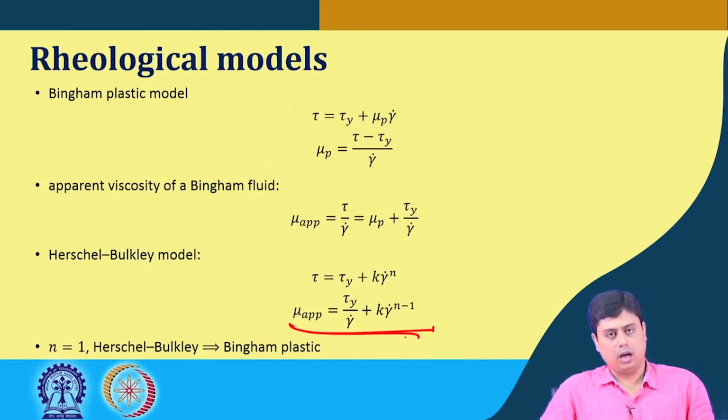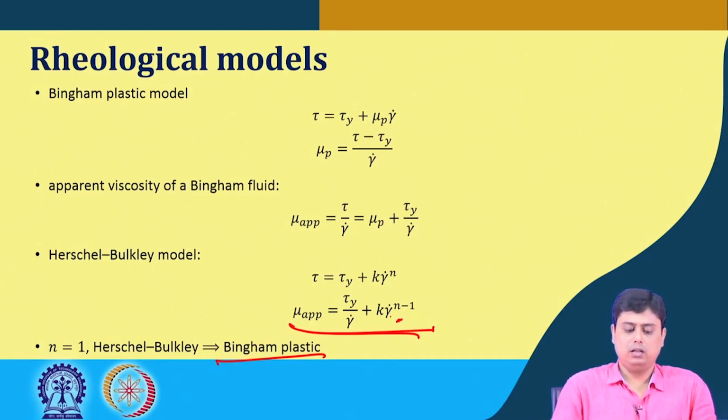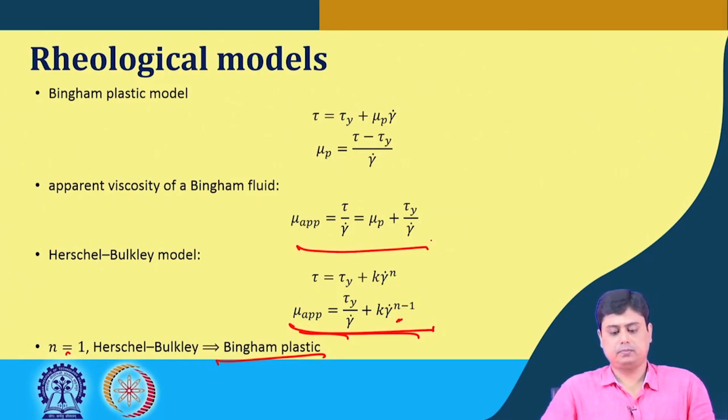Now the Herschel-Bulkley falls back to the Newtonian level with a shear rate, with the yield stress, which is again the Bingham plastic. So if we put n is 1, this becomes once again this expression, because K becomes mu p, the plastic viscosity. So Bingham plastic is basically one extreme or one variation of the Herschel-Bulkley model.